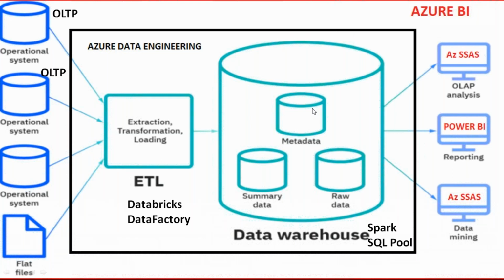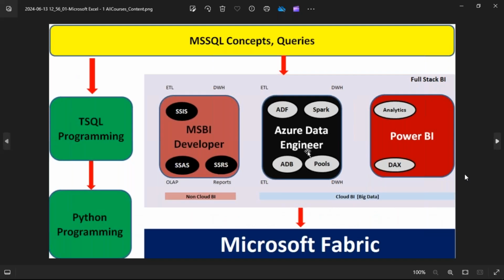Before that, we have few more things to know. What are they? Let's see. Simple, straightforward activity. If anyone is looking for data analyst job role, Power BI, anyone looking for MSBI job role, on-premise data warehouse design and ETL, there comes SSIS, SSAS, SSRS.